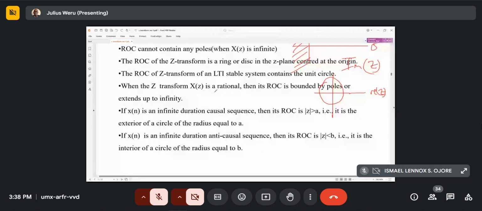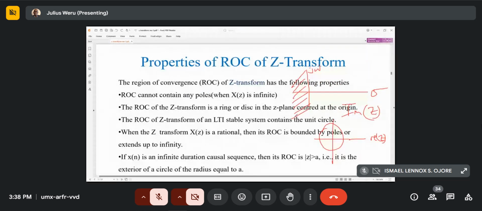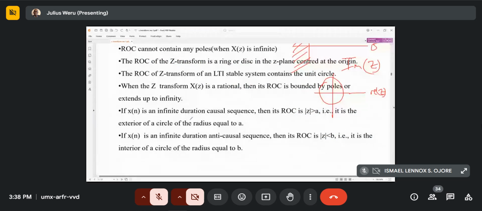When the Z transform is rational, the ROC is bounded by poles. Rational means both denominator and numerator are polynomials, and the ROC extends up to infinity.